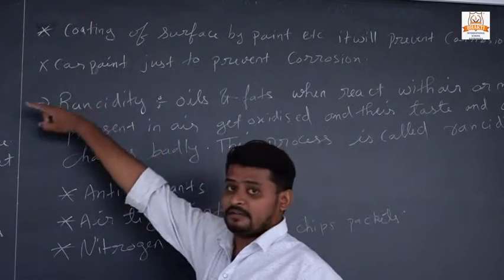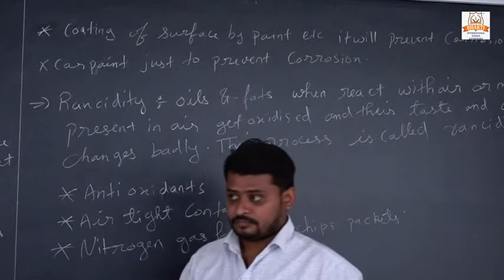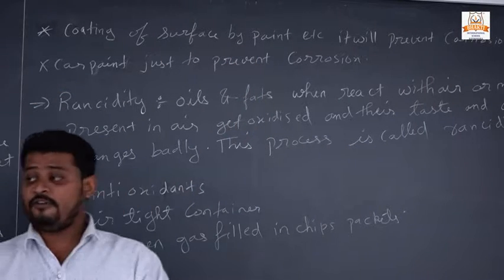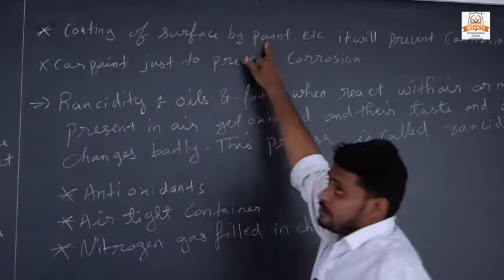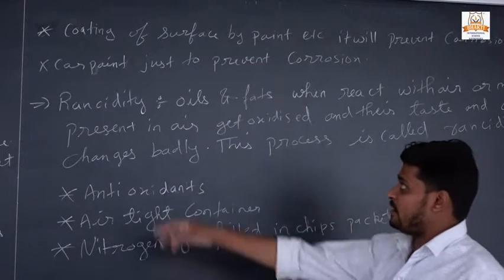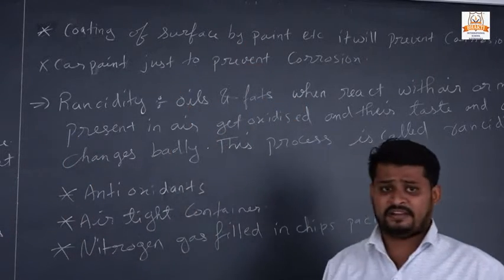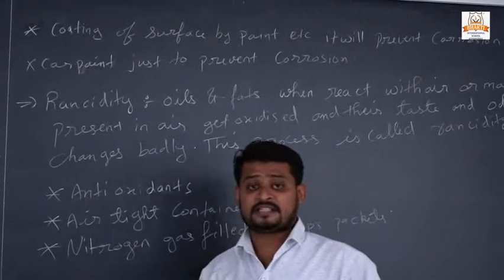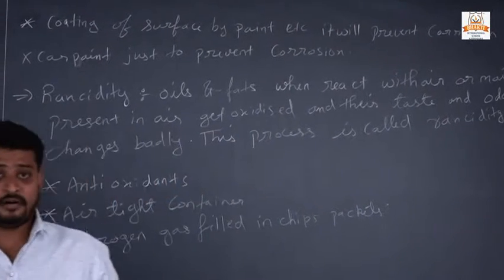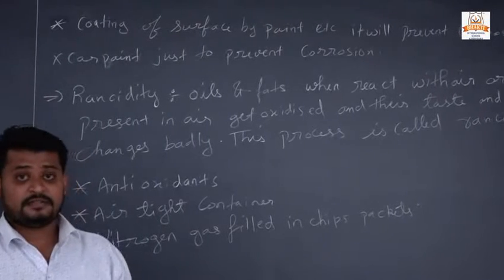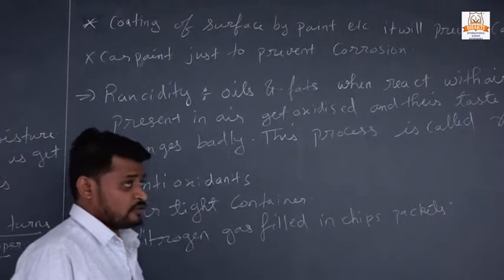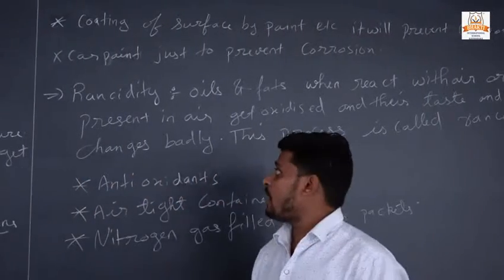So to prevent iron from corrosion, we use paint. And another example, we also paint a car. Why? Because a car is always standing outside. So to prevent the car body from corrosion, we paint a car.